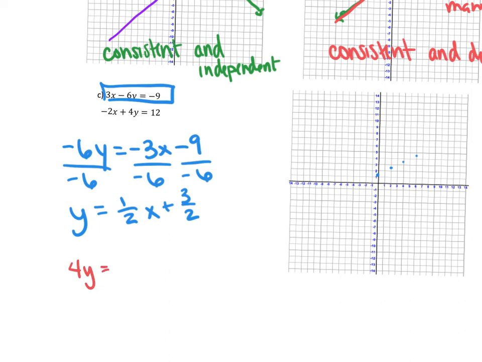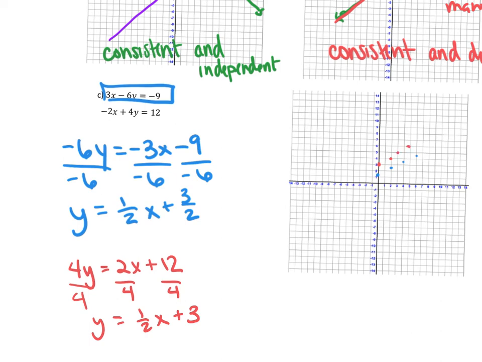So 4y is equal to 2x plus 12. Divide everything by 4. And I get y is equal to 1/2 x plus 3. So 1/2 x plus 3, up 1 over 2, up 1 over 2.